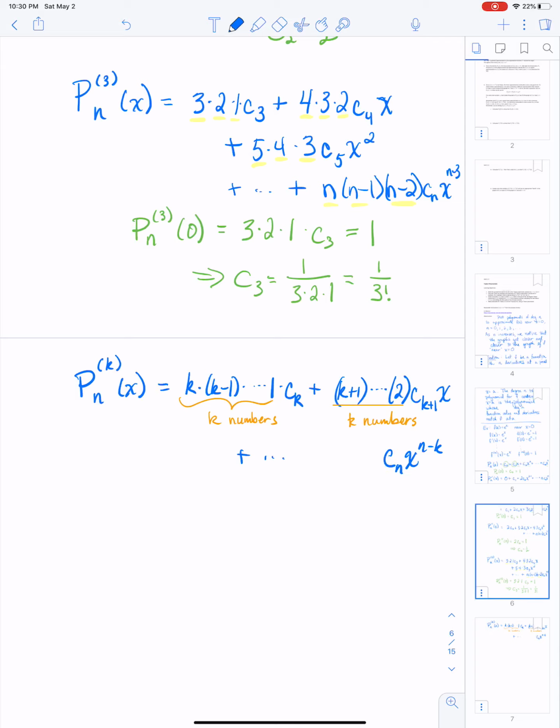And we'll have Cn, and the constant out front will be n times n minus 1, and the last one is going to be n minus k. Actually, that would not be quite right. It should be n minus k plus 1.